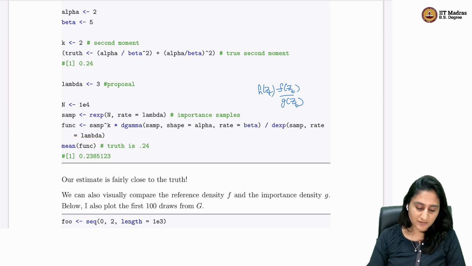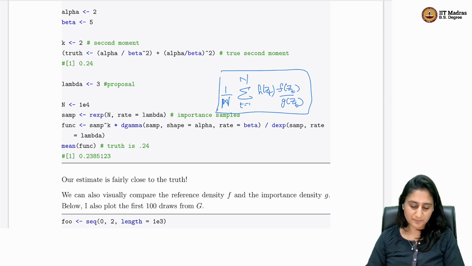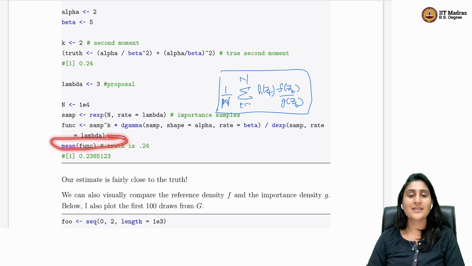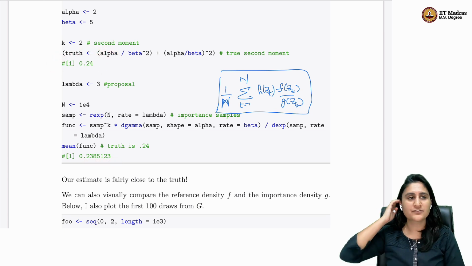And then once I've gotten all of these funcs, I just do 1 over n summation, t going from 1 to n. That means I just want to take an average. So I take the mean of func, and that should be my best guess for theta, which in this case is 0.385123, which is fairly close to the actual value of theta.